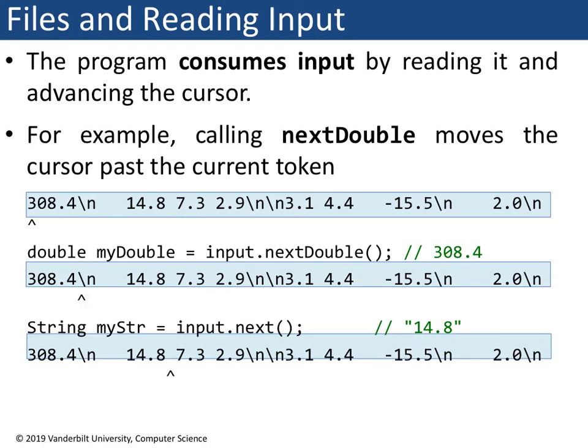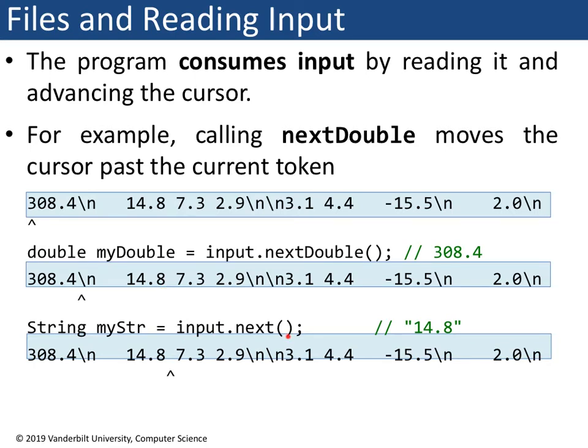In the next line of the program, we're going to use the next method, which is part of the scanner object, to get the next token interpreted as a string. So we start from the current input pointer, and we are going to consume everything until we find a token, and we are going to know that we have found the end of the token when we see white space.